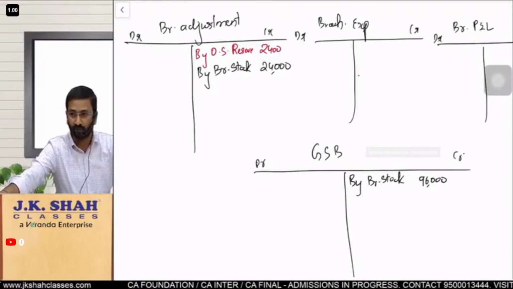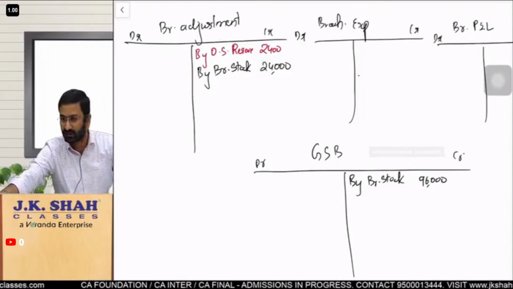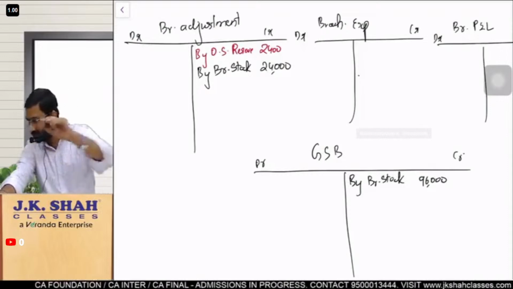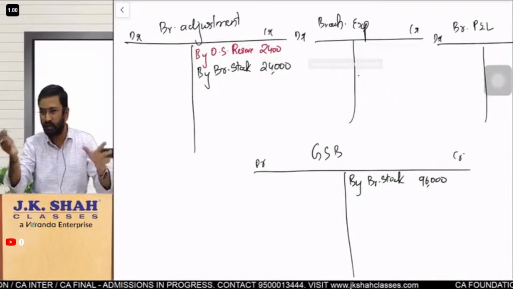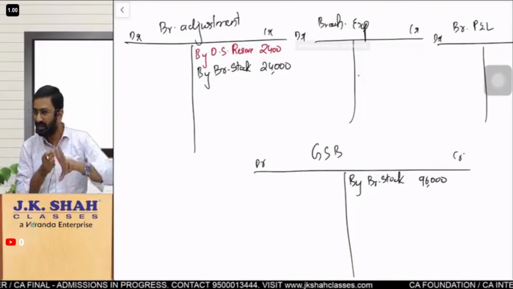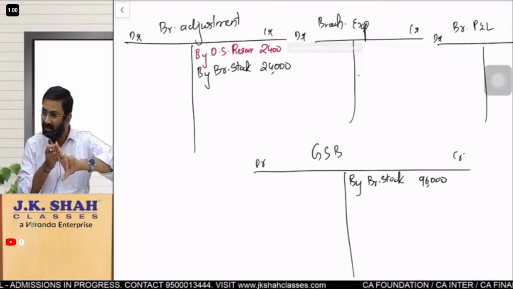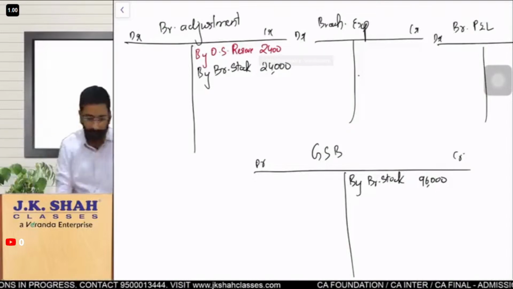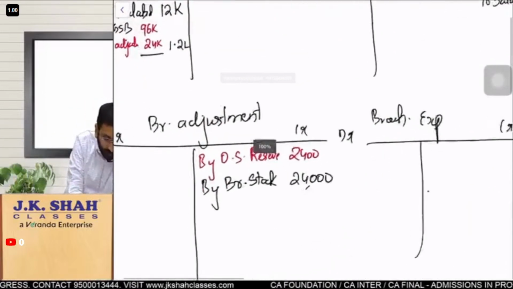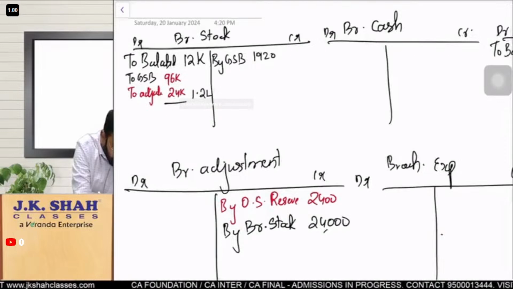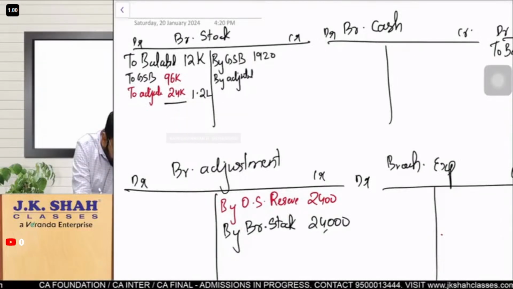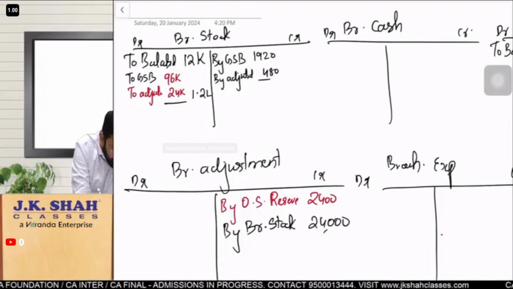Next, a little fast now. Next transaction: goods returned to the head office by the branch. The entry is going to be a reverse entry: GSB debit, branch adjustment debit, to branch stock. Posting in branch stock: by GSB 1,920, by adjustment 480. I'm reversing the profit because the goods are returned.